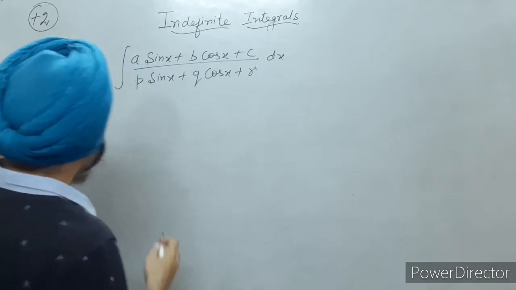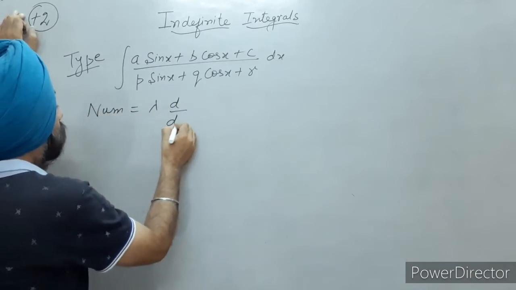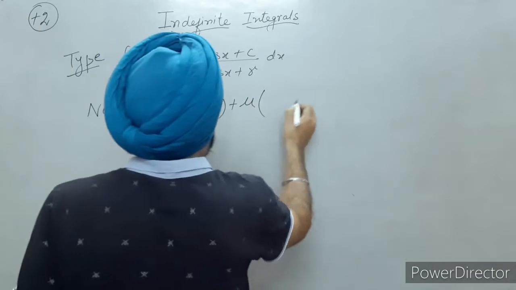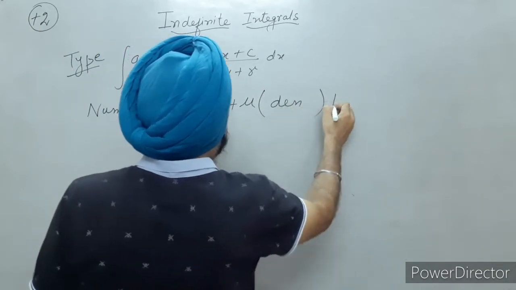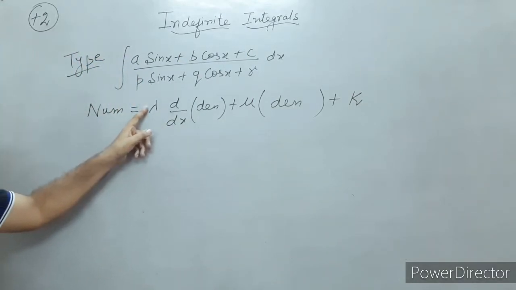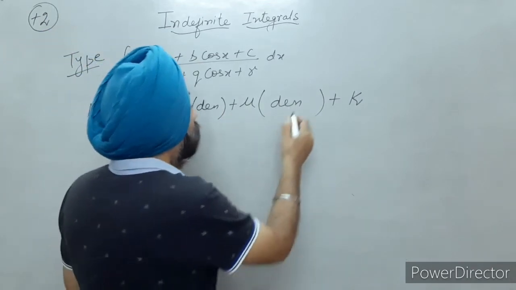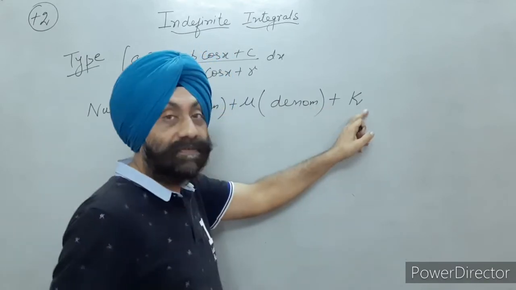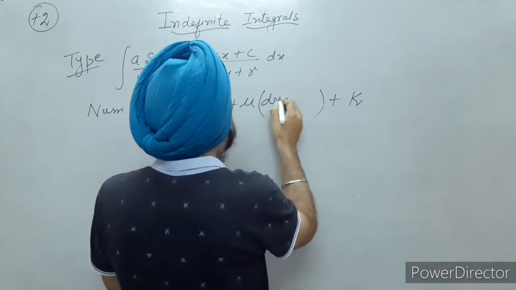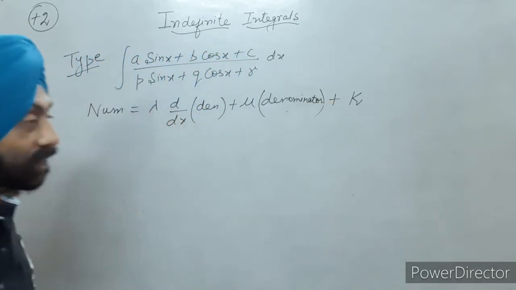So what we are going to do is write numerator equals lambda times derivative of the denominator plus mu times the denominator as it is, plus another constant k, right?